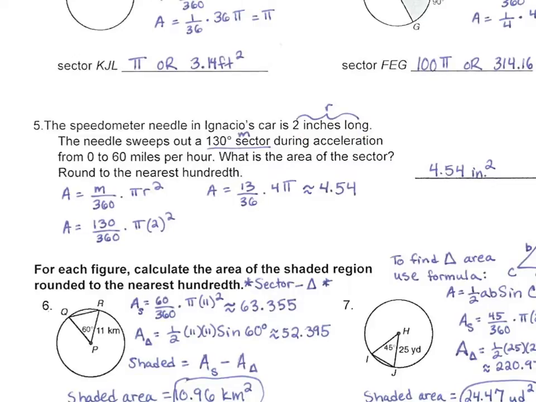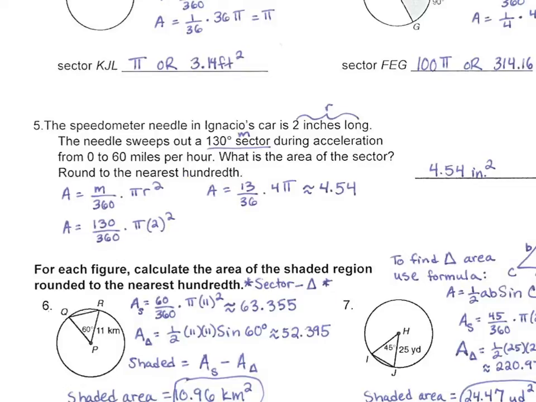And that the needle sweeps out a 130-degree sector, and that's my measure of my angle, so I'm going to make a note of that as well. During acceleration from 0 to 60 miles per hour, really not important information there as far as our calculation of area, so I'm going to ignore that. We just want to know the area of the sector again, and this time we're just going straight to our rounded to the nearest hundredth answer.